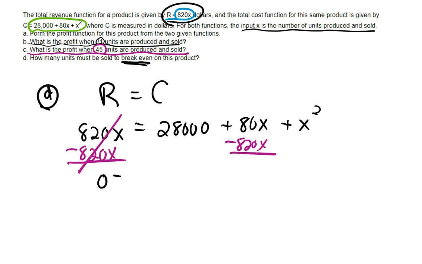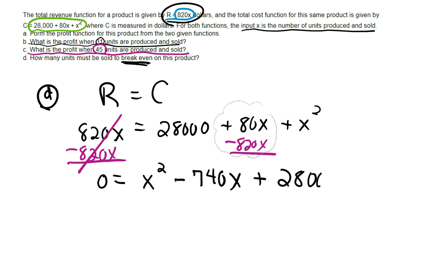That makes this 0. And then I'm going to put this in descending order. The x squared would go first. These are my like terms. So 80 minus 820 is a negative 740x. And then I'll put the positive, so plus 28,000 here.